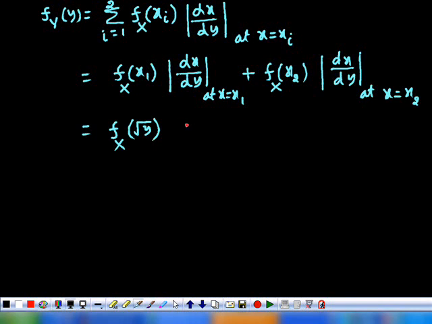We already know dy/dx is 2x. So it is 1 by 2x. But what is x? x equal to x1, that is 2√y. Understood? Plus fX(x2), where x2 is −√y, and this one.